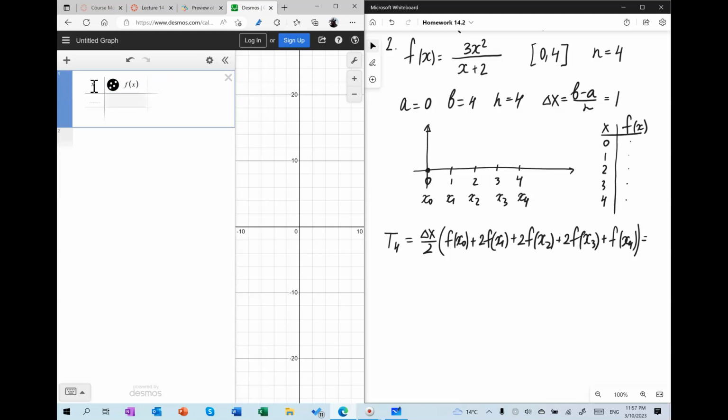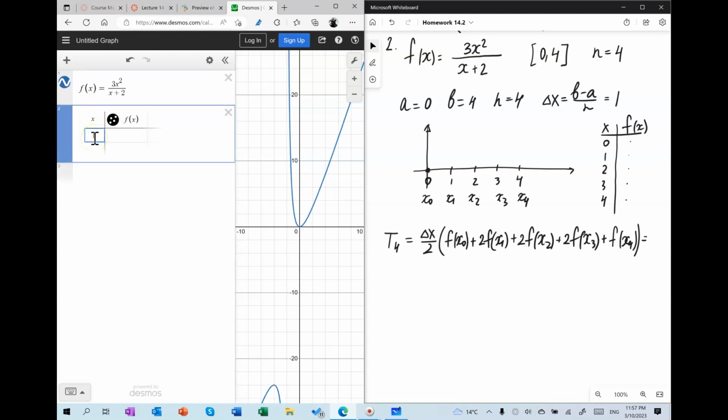So let's define the function separately. And here we can just use this functionality of Desmos to compute all the values. So we need x when x equals 0, when x equals 1, 2, 3, 4, and 5. We actually don't need 5. And then we can just plug it in and do it by hand.